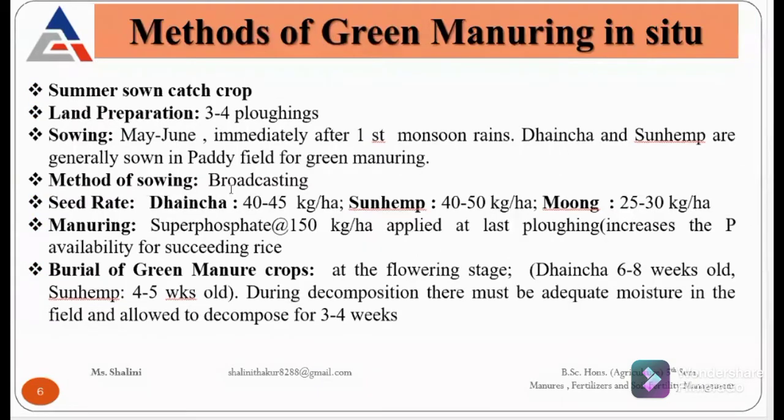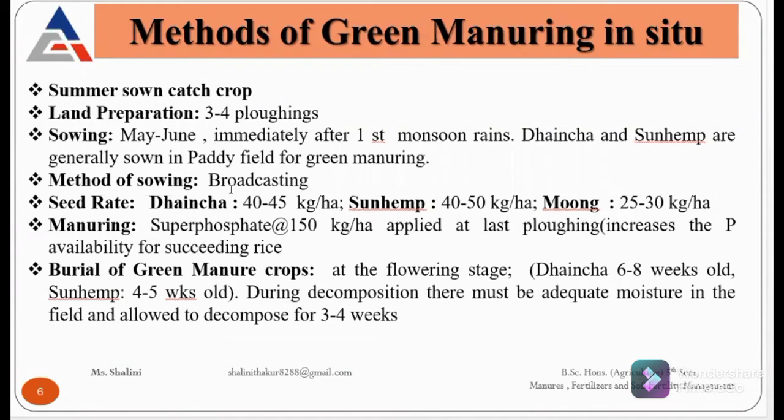The seed rate is different for different green manuring crops. For dhaincha, it is 40 to 45 kg per hectare. For sunhemp, it is 40 to 50 kg per hectare. And for moong, which is also known as green gram, the seed rate is 25 to 30 kg per hectare.